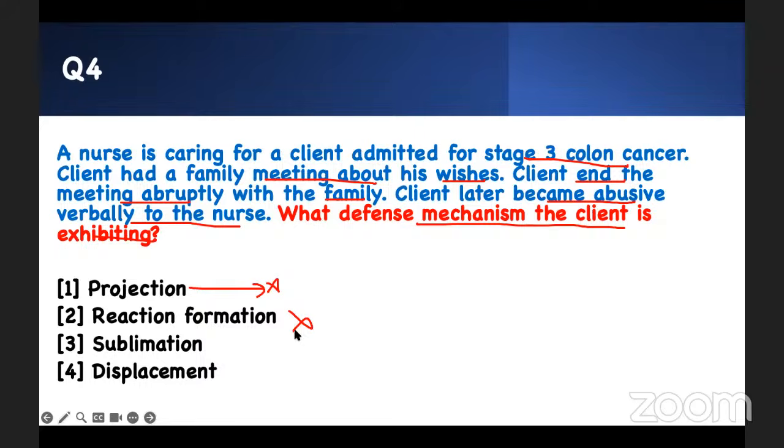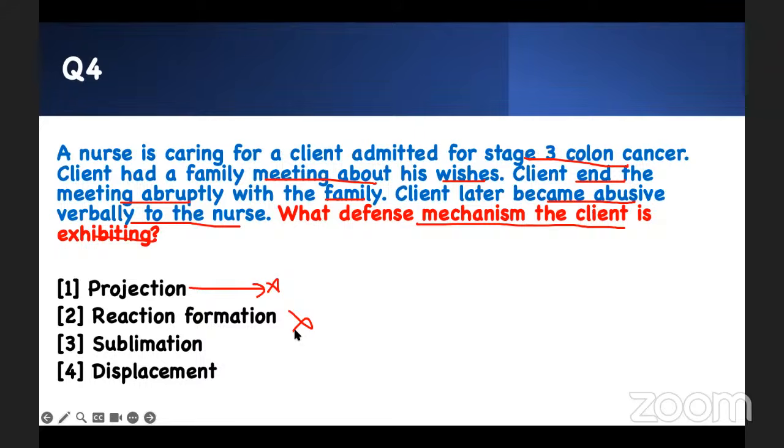Reaction formation is when you have a really bad feeling inside, but you act opposite to that. You hate your friend, but when you see them, you are high-fiving, you're loving each other. That is reaction formation. Sublimation is different. They sound confusing, but you have to define it precisely.